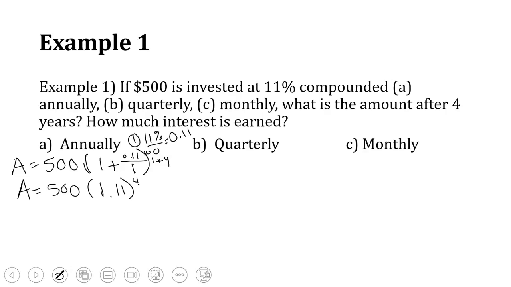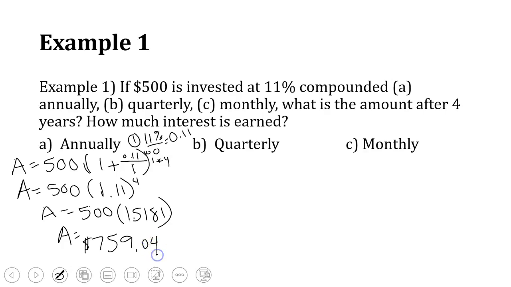Click on that and then you can put 4 and then enter. And you should get what that raised to the 4th power is. So bring down your 500 because we didn't do anything with that yet. 1.5181. So now multiply. And then for annual compounding, we get 759 dollars and 4 cents.